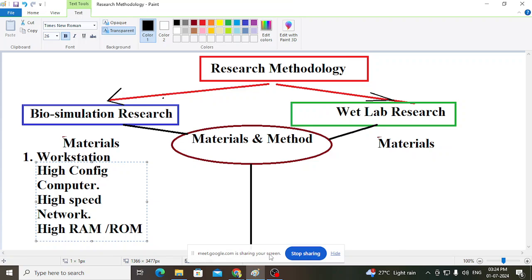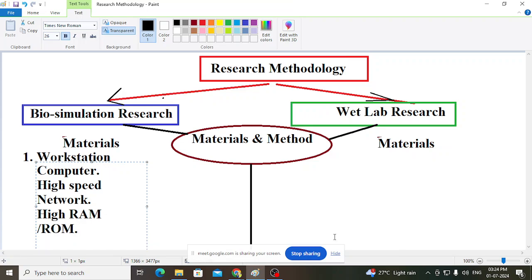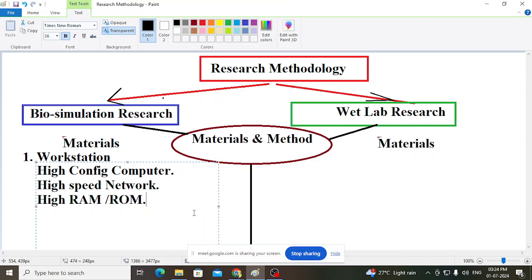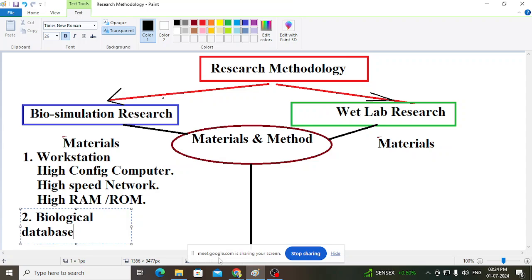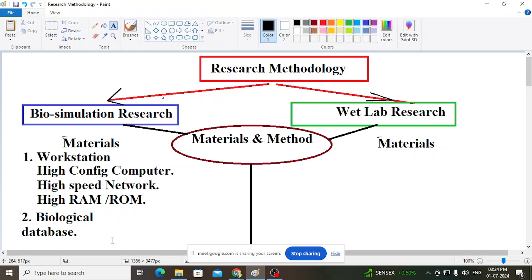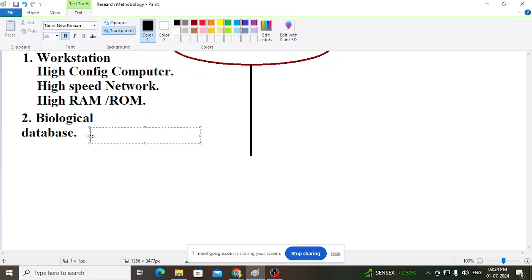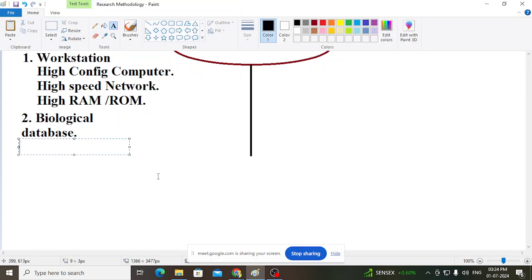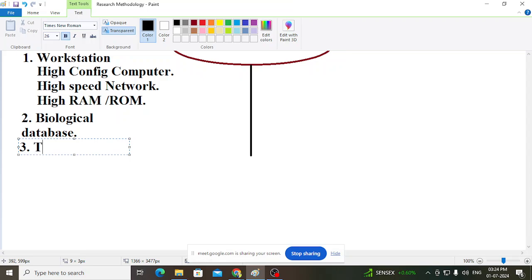Then we should have one more thing, which is the biological database. Then the third one needed is tools.